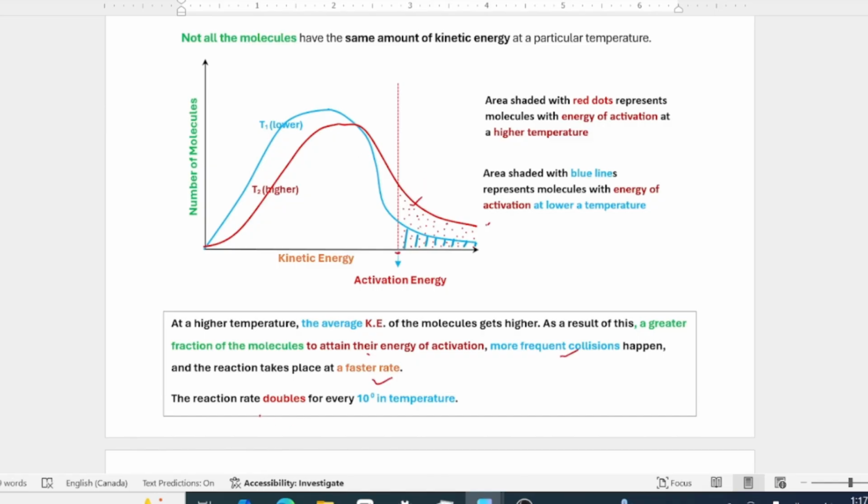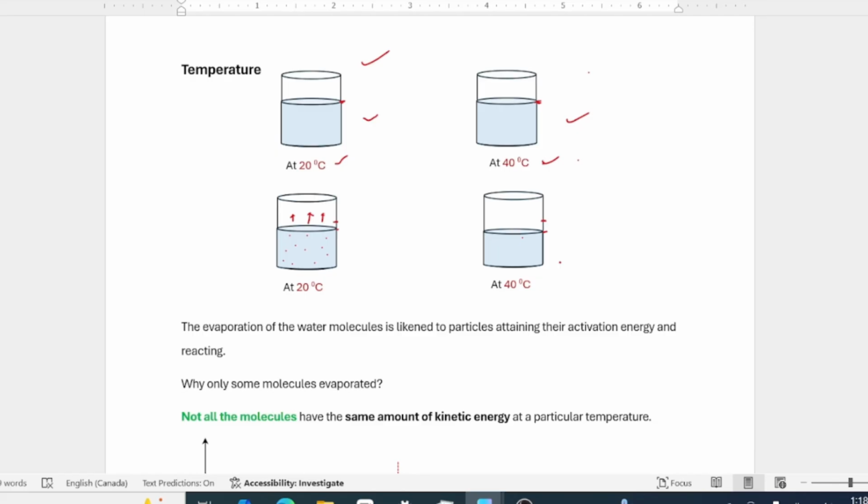It is said that for any reaction, the rate doubles for every 10-degree rise in temperature. And we can now associate this curve here with what happened with the water in the beaker being maintained at 40 degrees Celsius. At 40 degrees Celsius, the average kinetic energy of the water molecules was higher than those at 20 degrees Celsius.